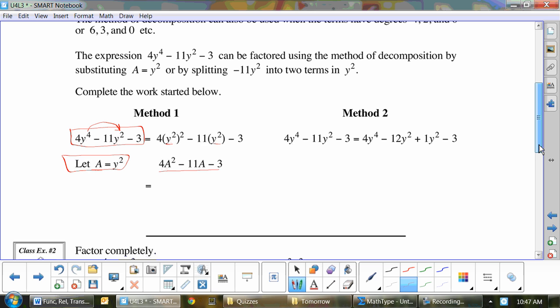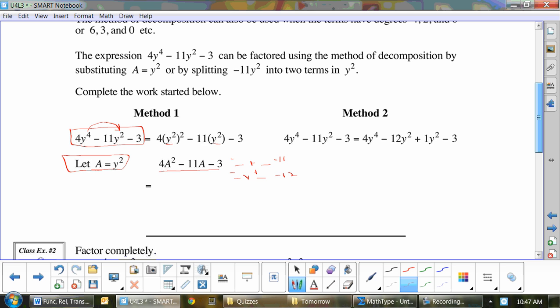Okay? Now, again, we're going to not change this because, well, we did this, so we could do it like we were doing last class. We're looking for what two things add to give me negative 11 and multiply to give me negative 12. Good. I'm looking for what two signs? Not a positive negative, a negative positive.